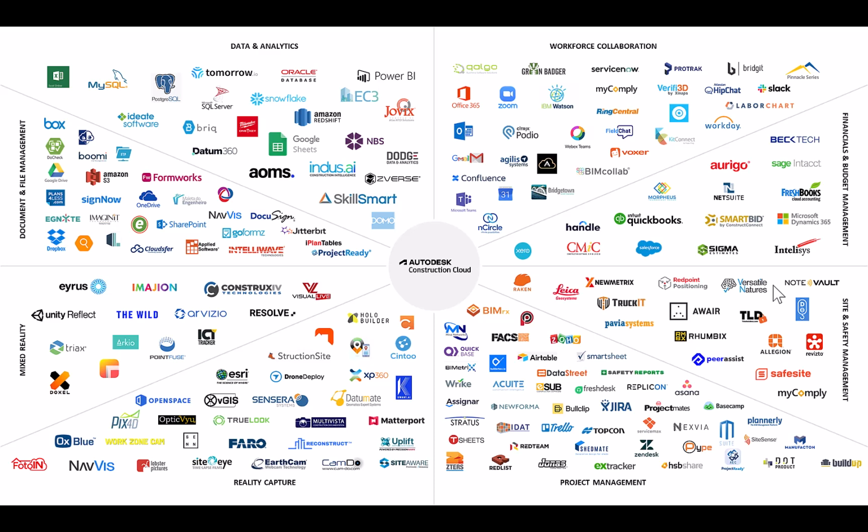These integrations allow external systems to connect with and leverage the centralized data stored in ACC, enabling more efficient workflows, reduced data silos, and better informed decisions across the project lifecycle.